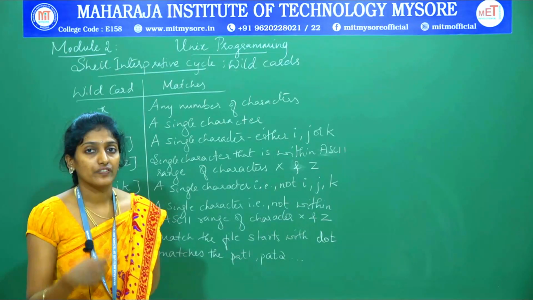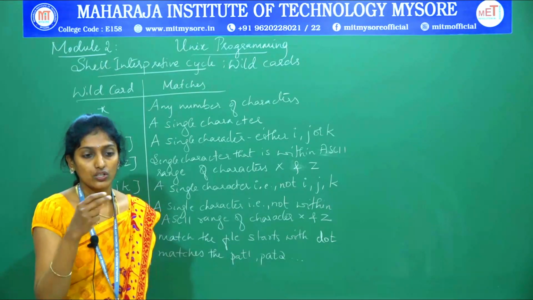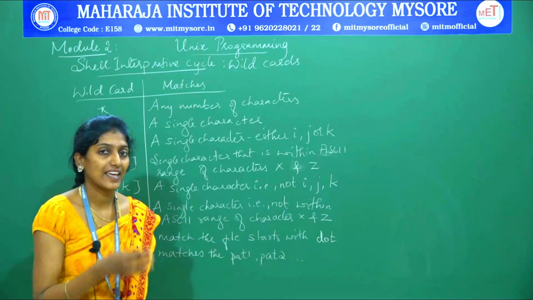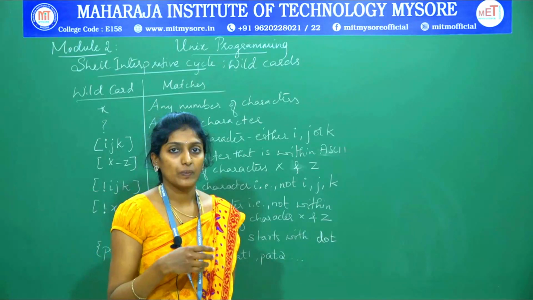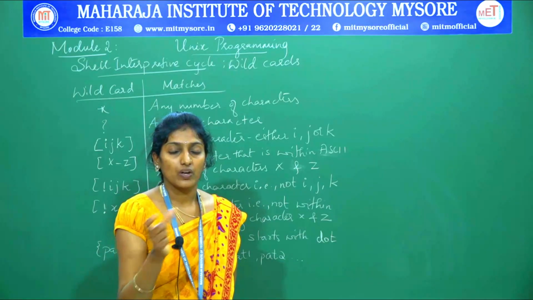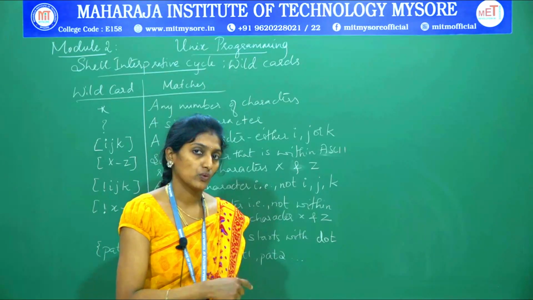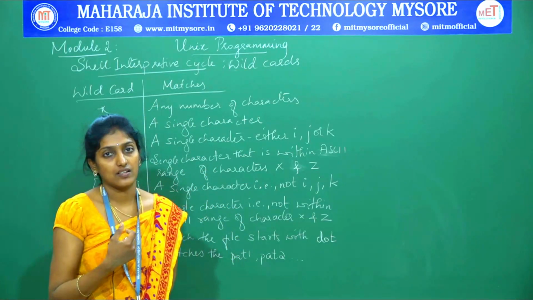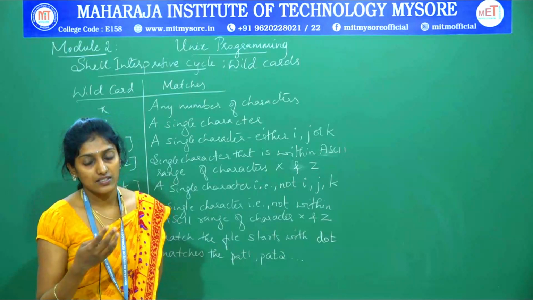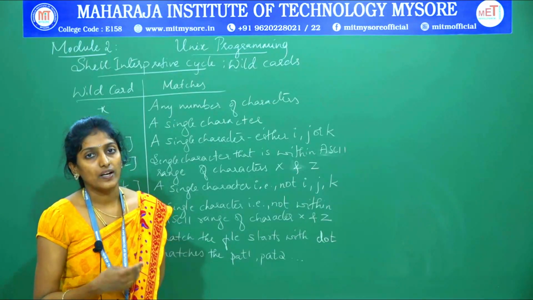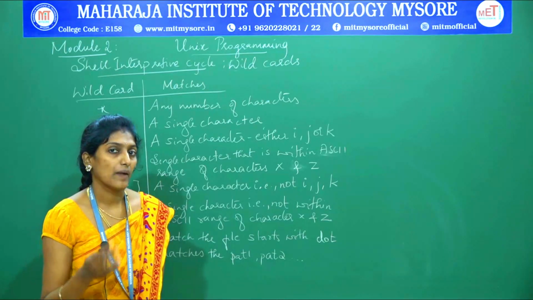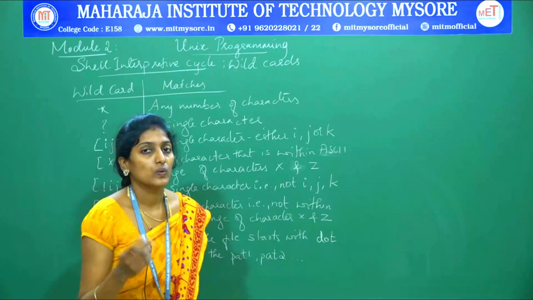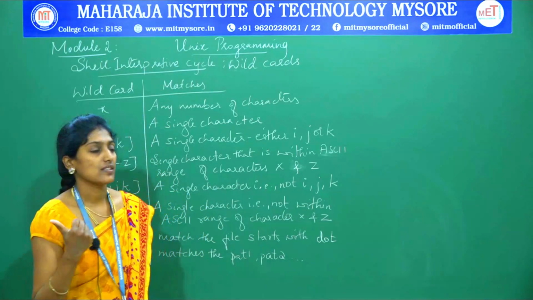What is the meaning of those special characters? All those characters are used for matching any argument within the file argument which we have provided as an argument to a command. For matching that, we are going to use wildcards. So those special characters are nothing but wildcards here. They are usually used for matching any kind of pattern within a file argument in the Unix system.